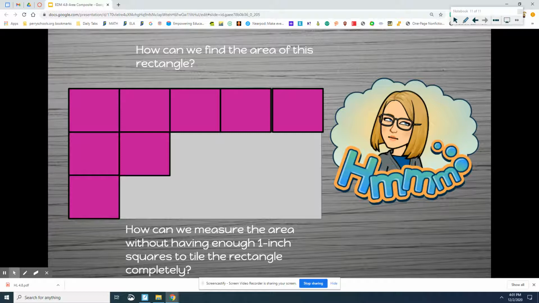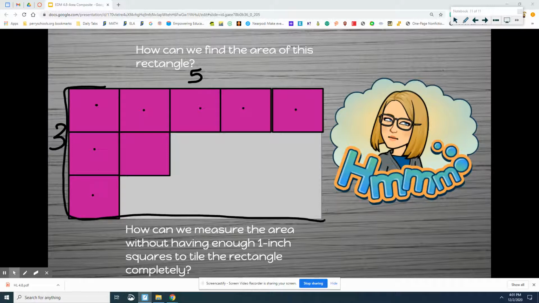Well, I know that the long side has 5. 1, 2, 3, 4, 5. And I know that the short side has 3. I can use this to help me figure out the area of this whole rectangle.